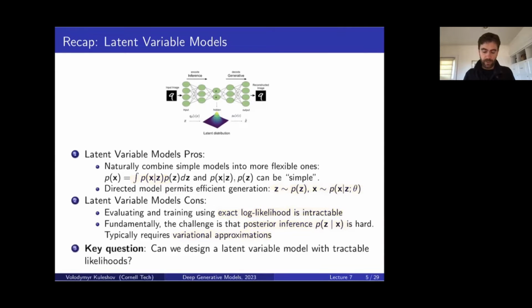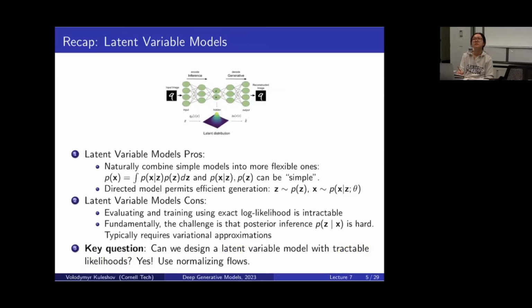Okay. But as you can imagine, this raises the question: is there a way to have latent variable models that combine the best of both worlds? By that, I mean they have latent variables and they also have tractable likelihoods. So we would like to combine the advantages of autoregressive models and latent variable models. Can we do this? Well, it turns out that the answer is yes. And that's what normalizing flows are.